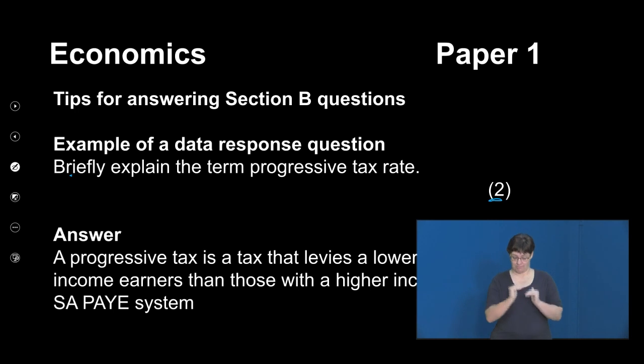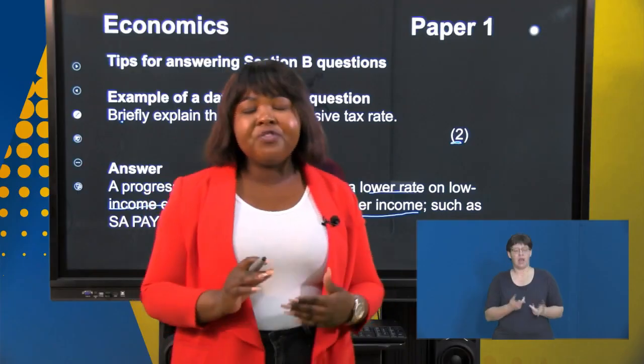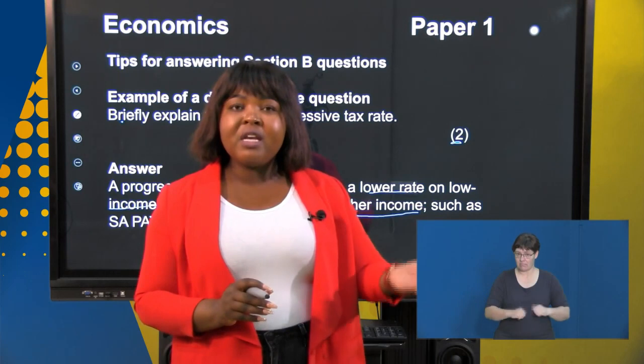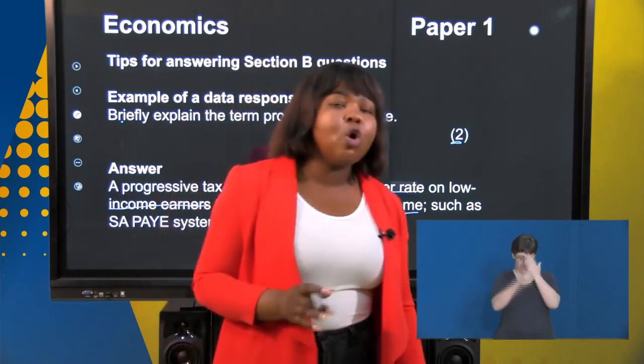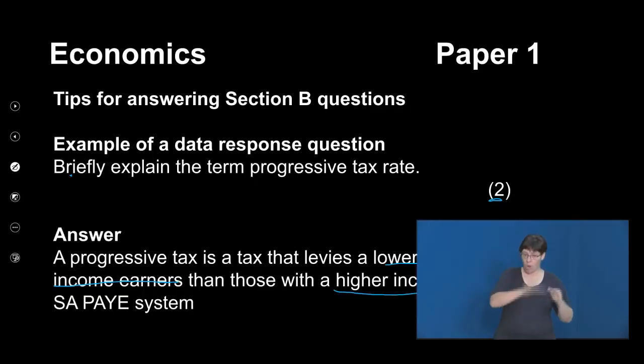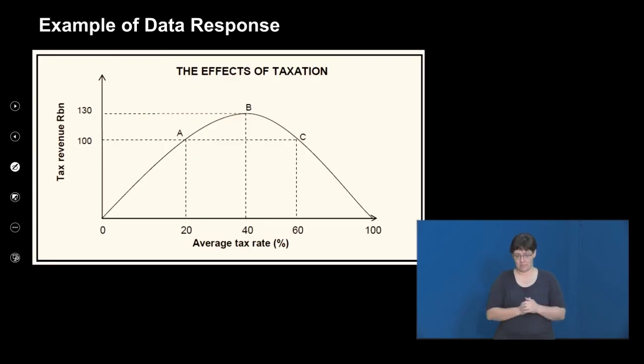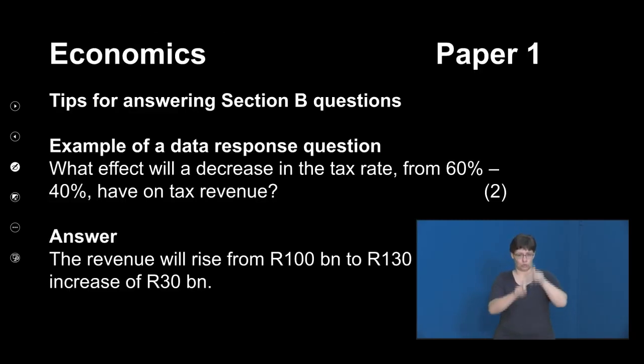The answer to this would be: a progressive tax rate is a tax that levies a lower rate on low income earners than on those with a higher income. So basically, what are we saying? We are saying under a progressive tax system, high income earners are taxed more than lower income earners, right? We are still continuing with our scaffolding of questions.